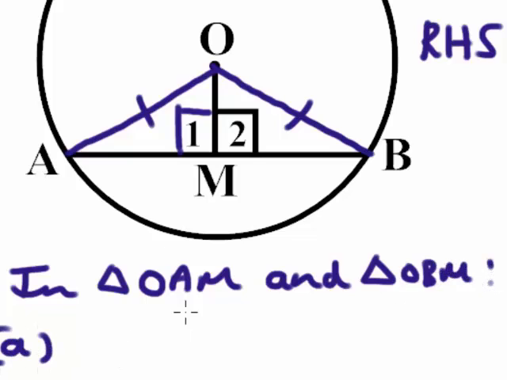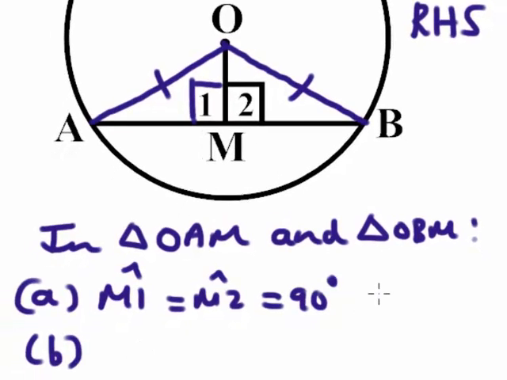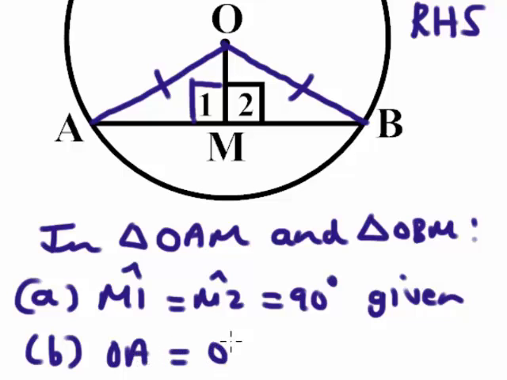Firstly, the right angles, M1 is equal to M2 is equal to 90 degrees. That's given to us. We also know that OA is equal to OB, equal radii of the circle.